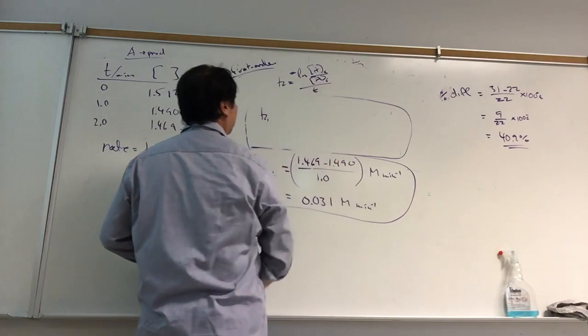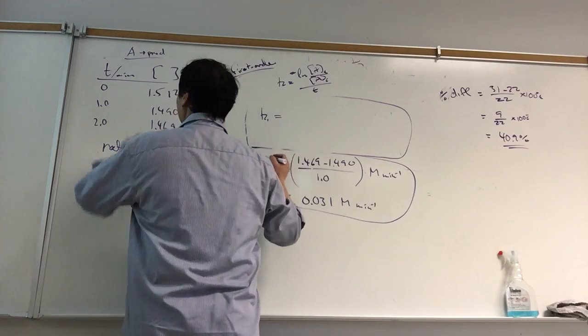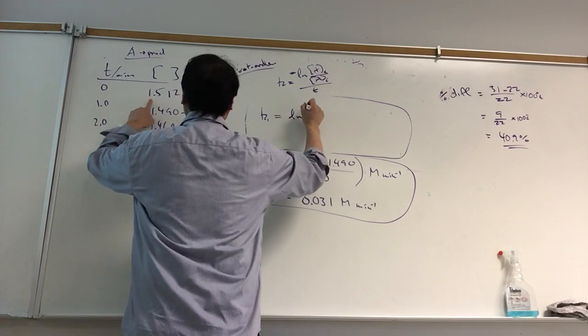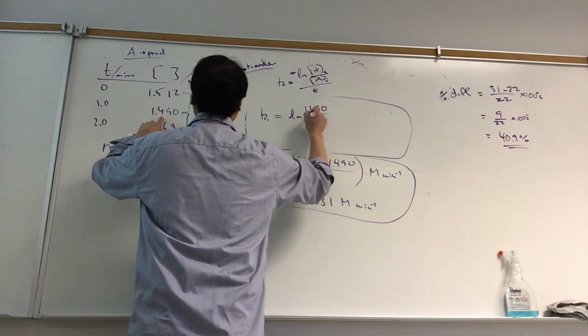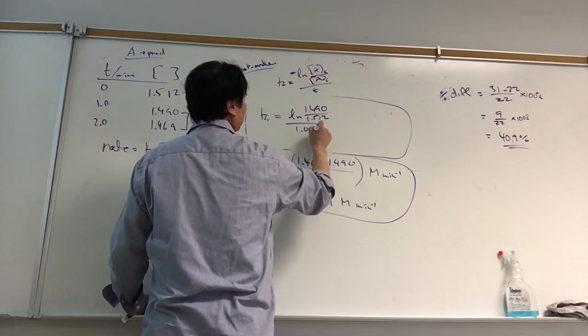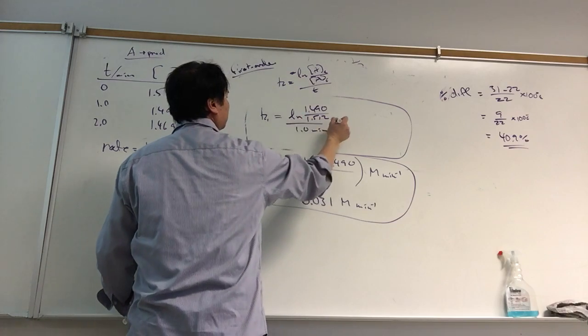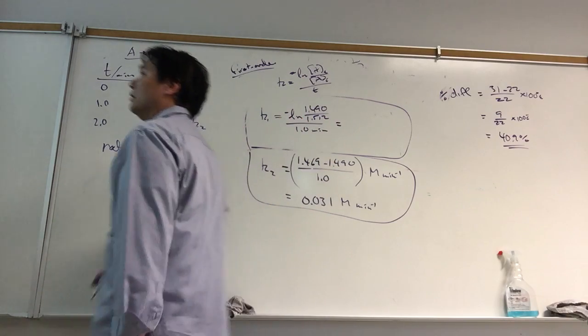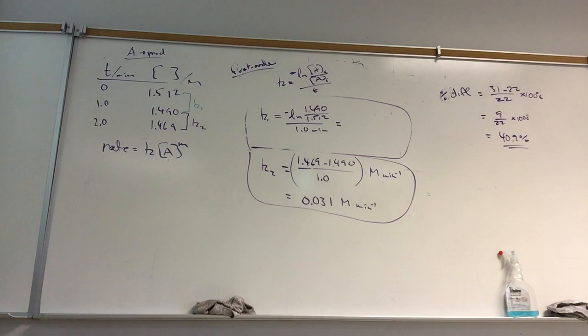So let's look at the first segment. K for segment 1 is going to be the natural log of 1.490 over 1.512, and the time interval is 1.0 minutes. Can somebody calculate that?